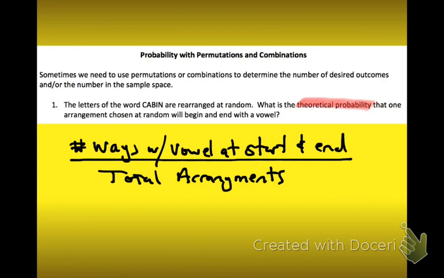So I need you to think back. If we're looking at the ways to begin and end with a vowel, well, we know that C-A-B-I-N is 5 letters. There are 2 vowels here. There's an A and an I. So if we want to start with a vowel, that will leave us with 2.